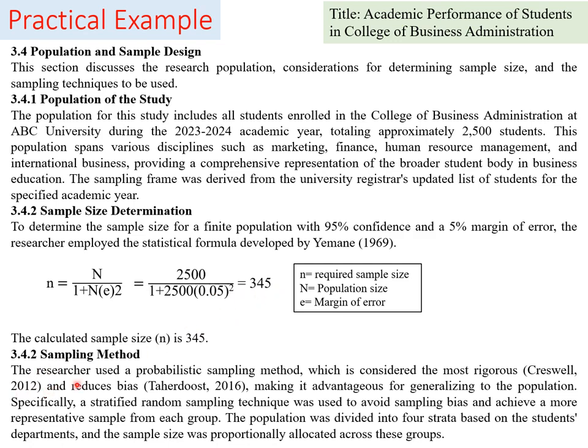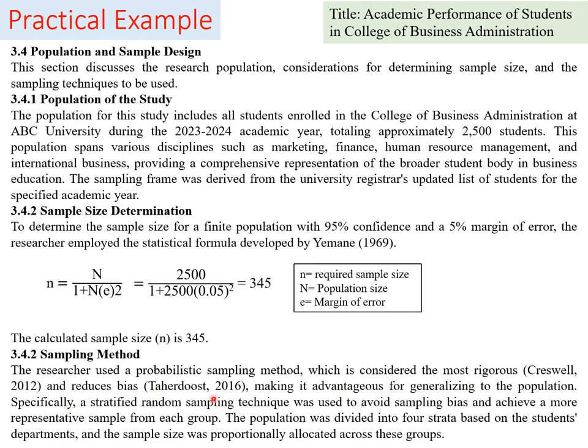For the sampling method, the researcher used a probability sampling method, which is considered the most rigorous and reduces bias because of the randomization principle. It increases the representativeness of the population, making it advantageous for generalizing to the population.